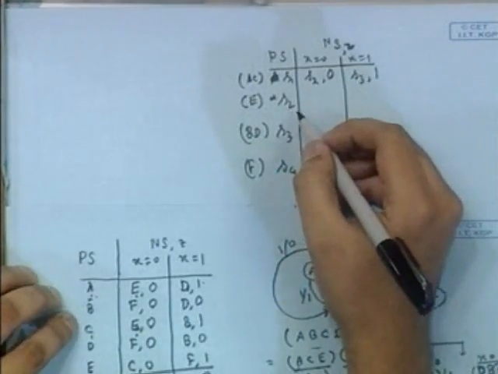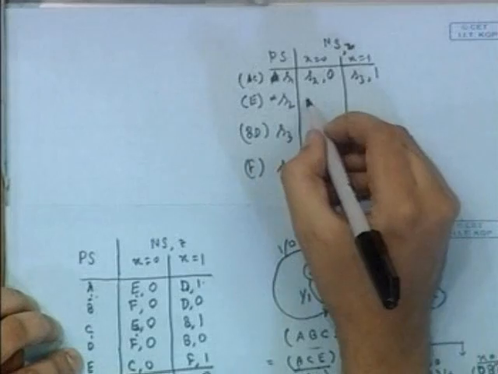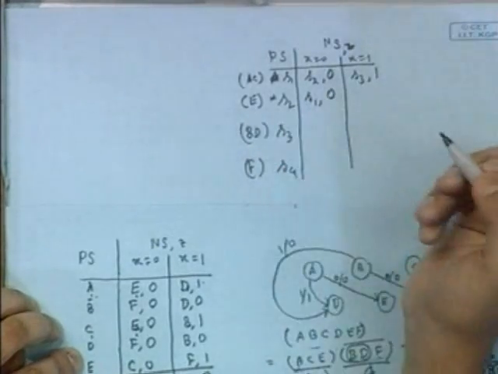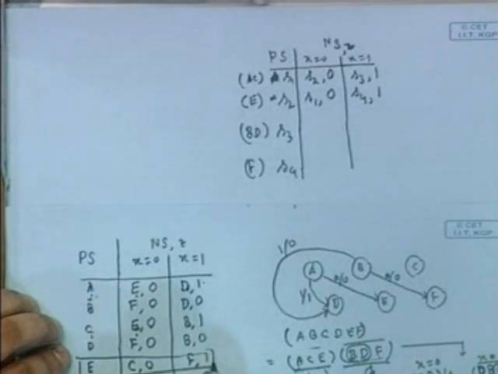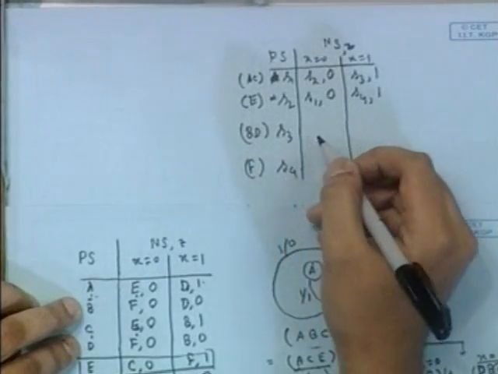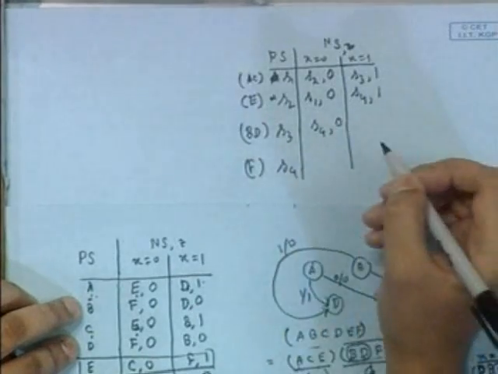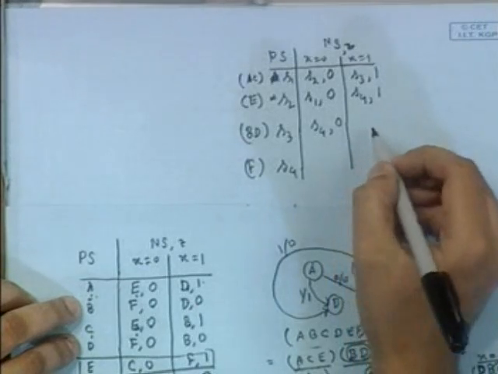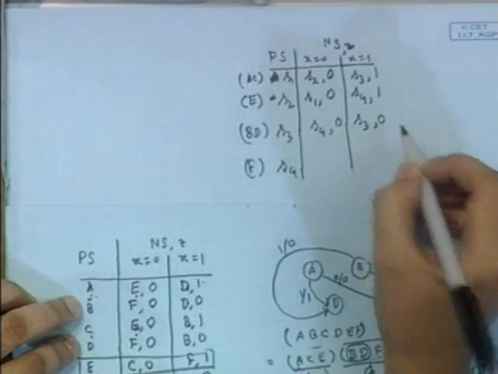For S2, C belongs to S1, you go to S1 with output of 0, and for 1 you go to S4 with output of 1. For S3, which is B and D together, you will go to F, which belongs to S4, with output of 0, and for 1 you will go to D, that belongs to S3 with an output of 0 again.